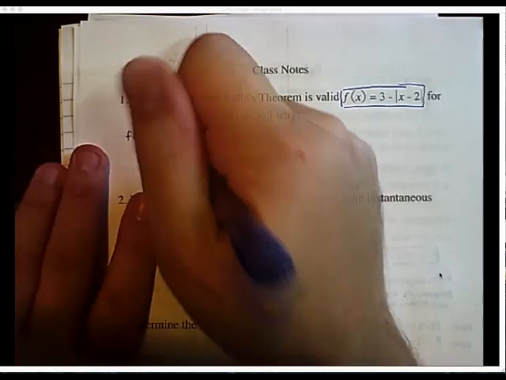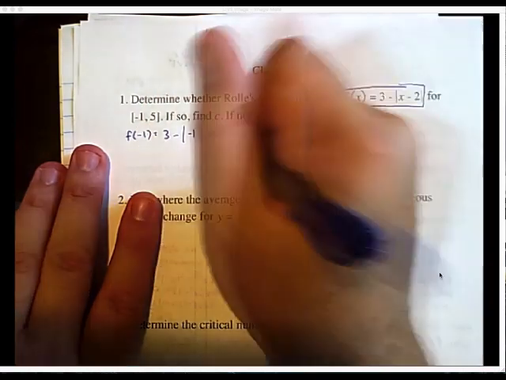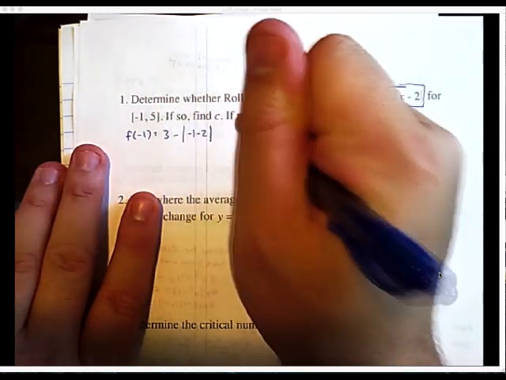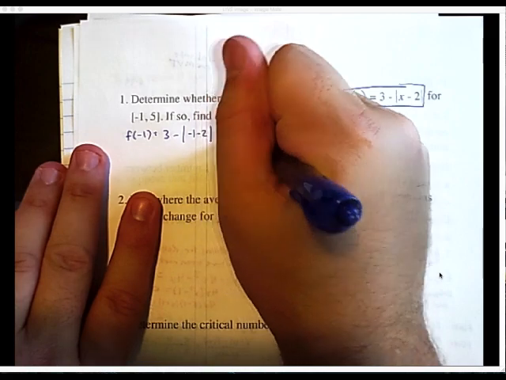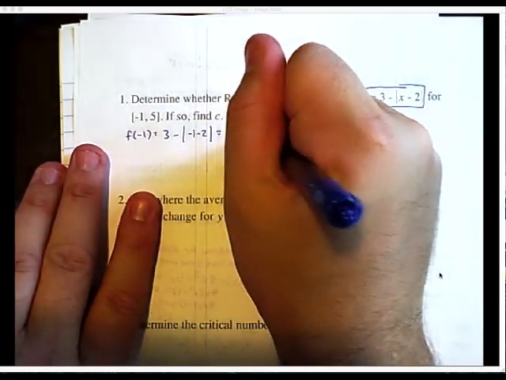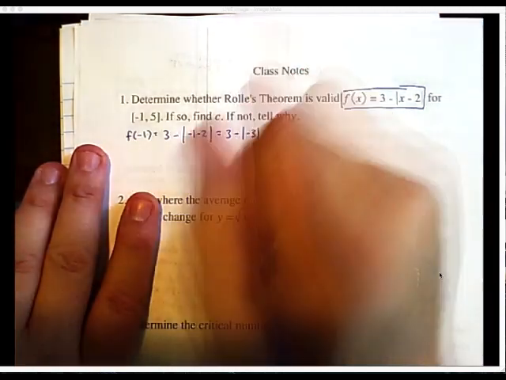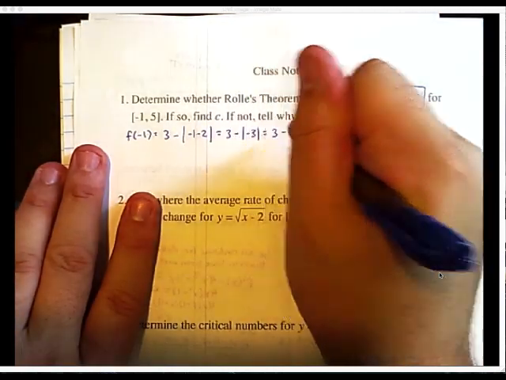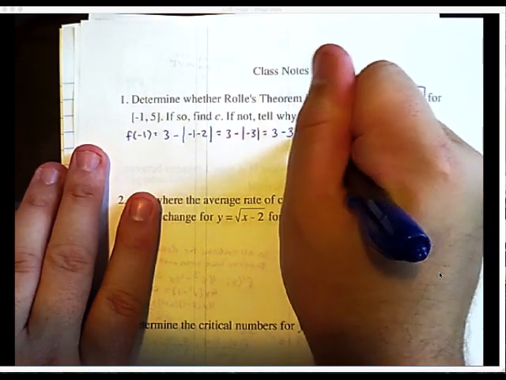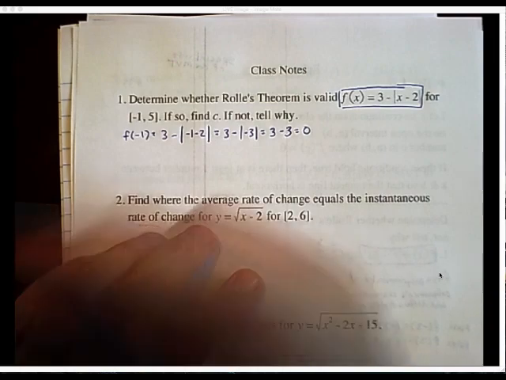If I plug in -1, 3 minus the absolute value of -1 minus 2, and that's going to equal 3 minus the absolute value of -3. And the absolute value of -3 is 3, so the y value there is 0.